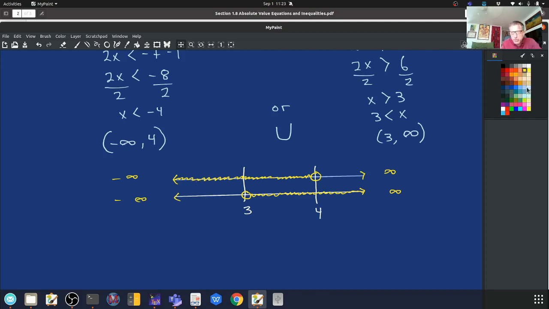So the actual union of those two sets is the set that starts out with minus infinity. I've got a squiggly line at least in one line. I've got squiggly lines in both lines, so it's still there. And I've got squiggly lines at least in one line, so it goes on from minus infinity to infinity. That means all real numbers.